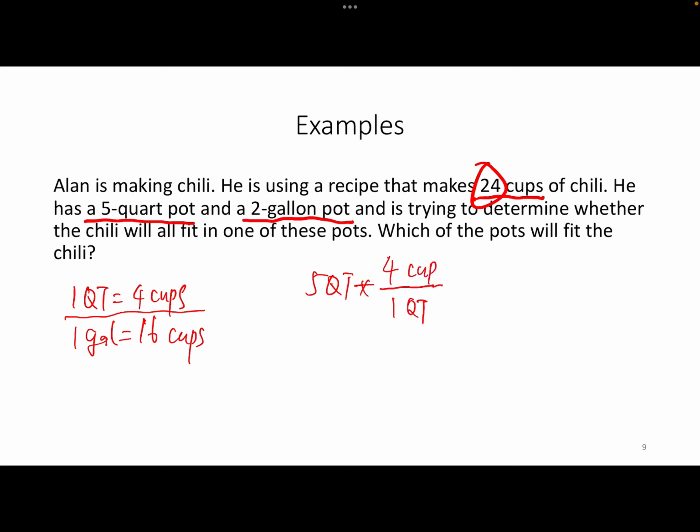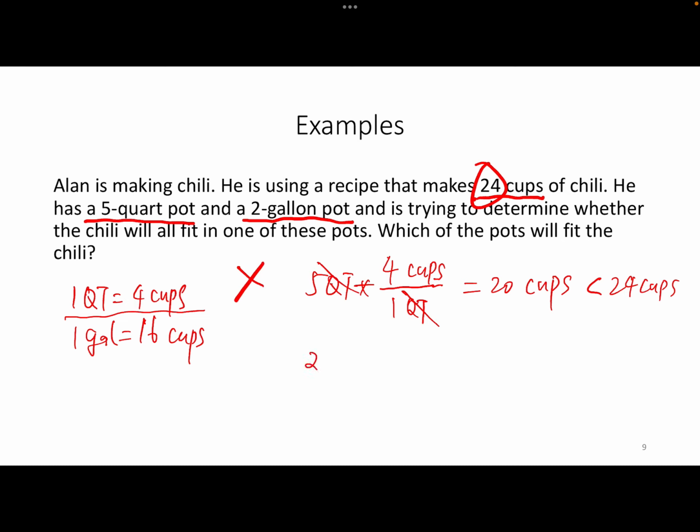The cups, that's the desired unit we want to keep, right? So quart cancels. 5 times 4 is equivalent to 20 cups. 20 cups is less than 24 cups, right? So the 5-quart pot is not going to be big enough to hold the chili.